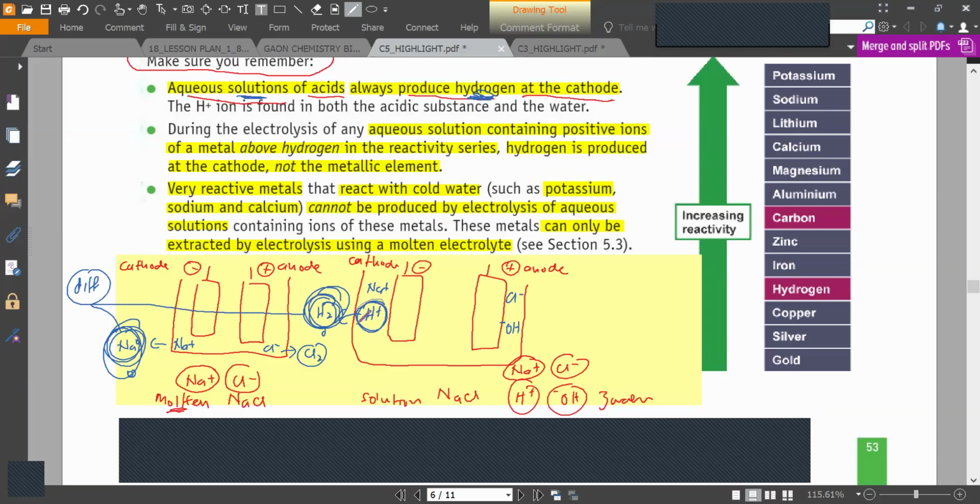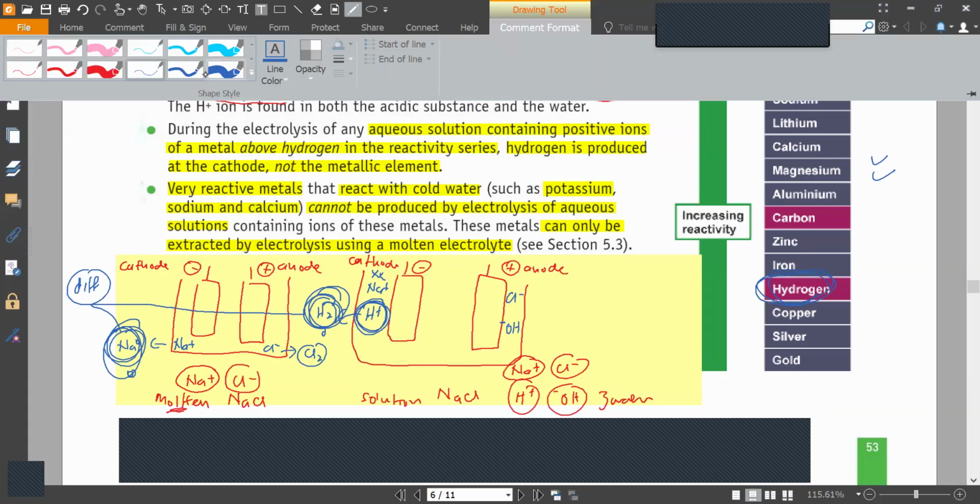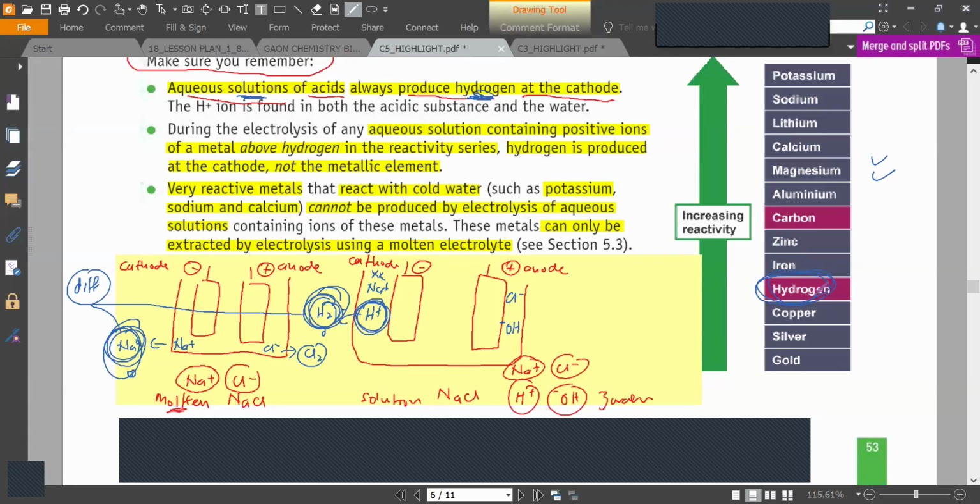Why does the hydrogen react and not the sodium? Because it depends on the reactivity series. Hydrogen is here, sodium is here. Sodium is high. We look at the sodium ion and the hydrogen ion.